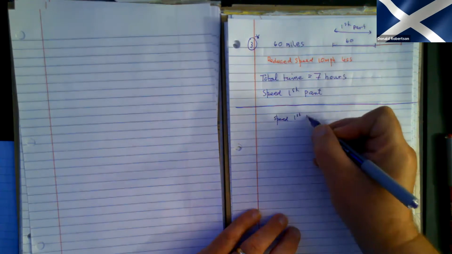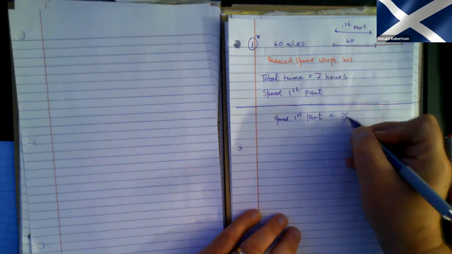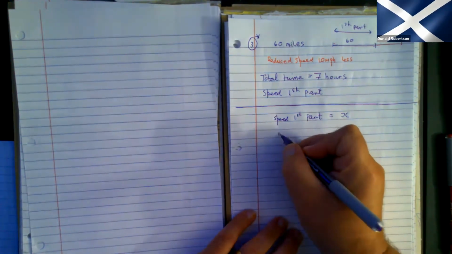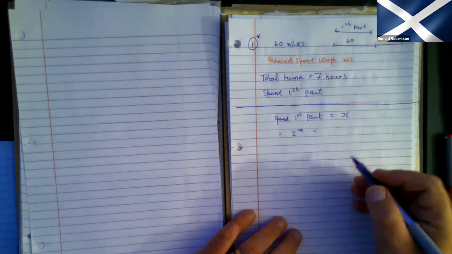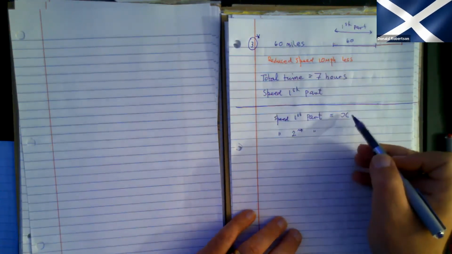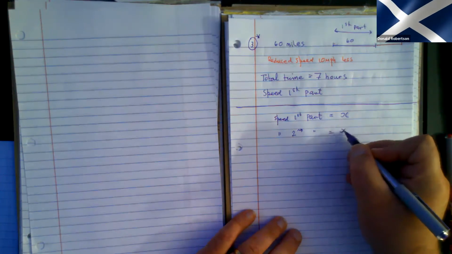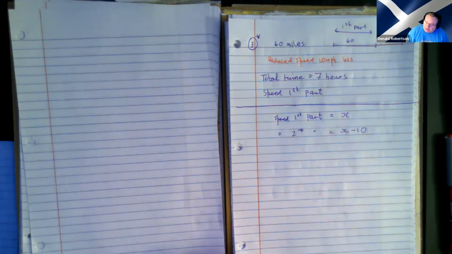That's this distance here. If you don't know something in math, you can call it x. Now the speed of the second part of the journey, I don't know what number it is, but I do know that it's 10 miles an hour less than this guy. So if this guy is x, the second one was going at a speed of x minus 10.